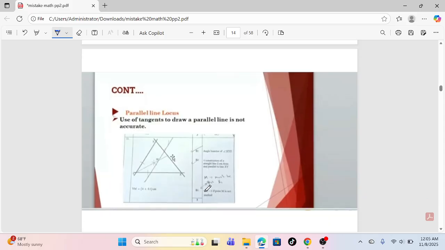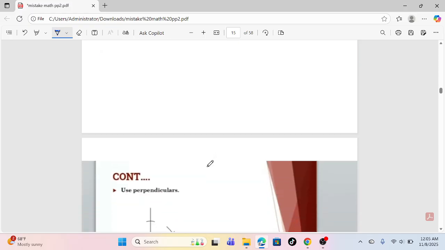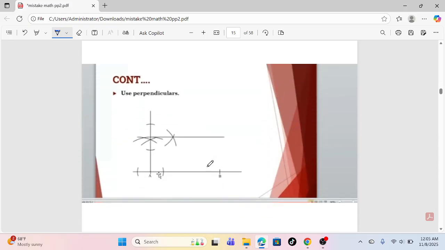Parallel lines of locus or loci. Use of a tangent to draw parallel lines is not accurate. The best way is to use arcs. For example, this is AB.